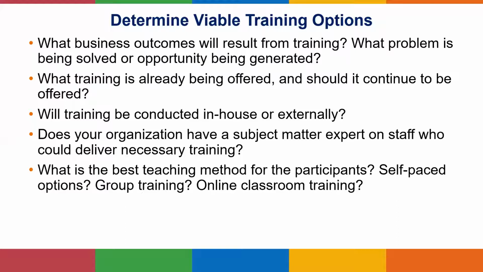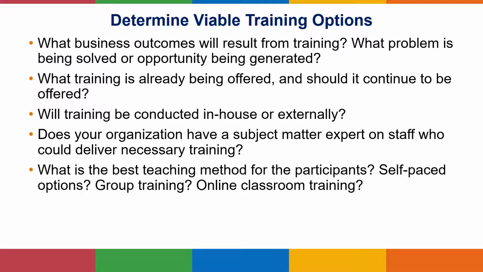Some questions to ask as we're getting to this phase too, right, is what business outcomes will result from that training? With employee turnover, we look at a very distinct and concrete example of what results we could achieve by improving emotional intelligence and managing in a modern workplace.